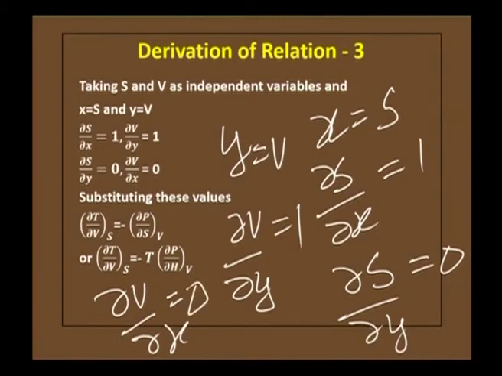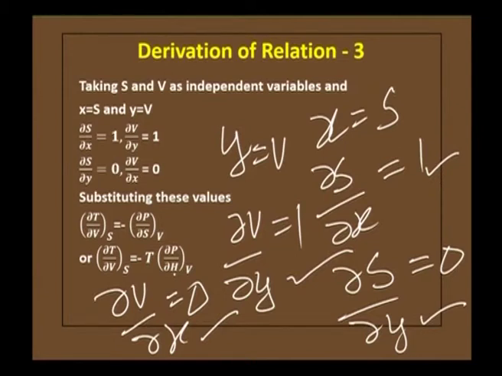Therefore, let me recollect: ∂s/∂x is equal to 1, ∂s/∂y is equal to 0, ∂v/∂y is equal to 1, and ∂v/∂x is equal to 0. Substituting all these values in this equation, I have ∂t/∂v is equal to minus p into ∂p/∂s, or ∂t/∂v is equal to minus t into ∂p/∂h.